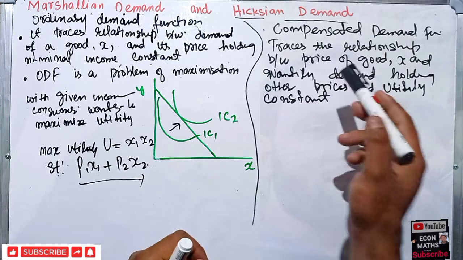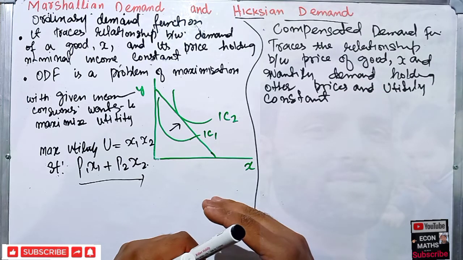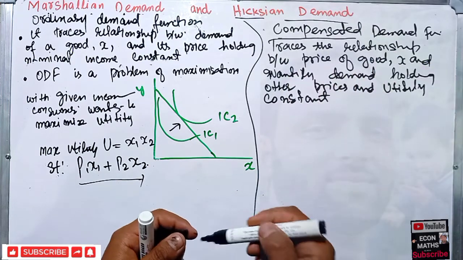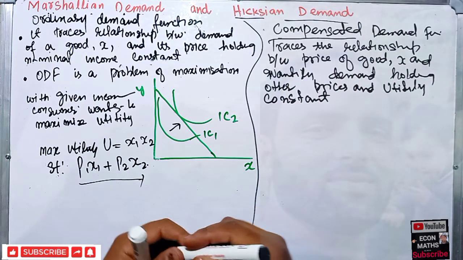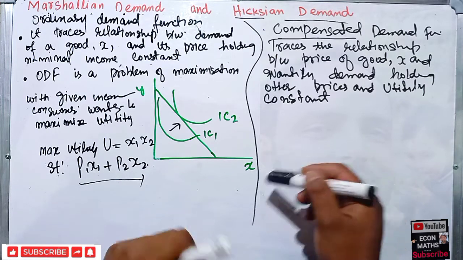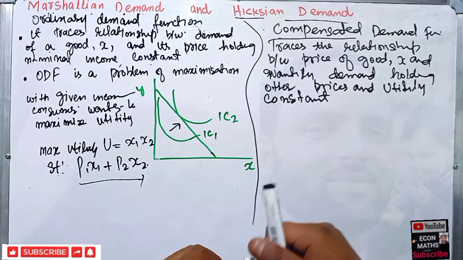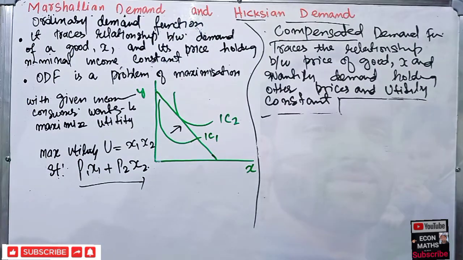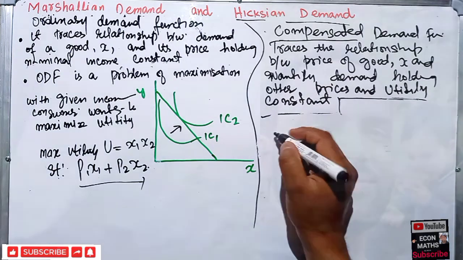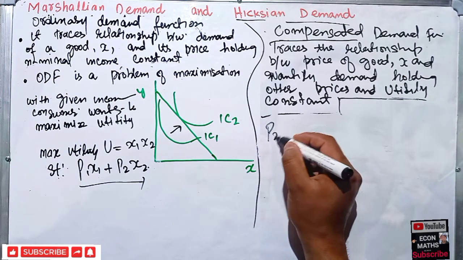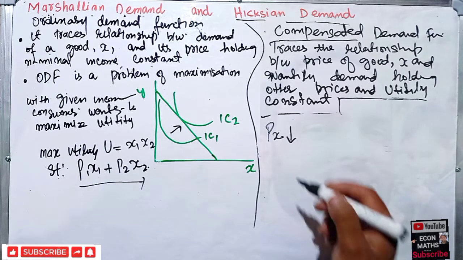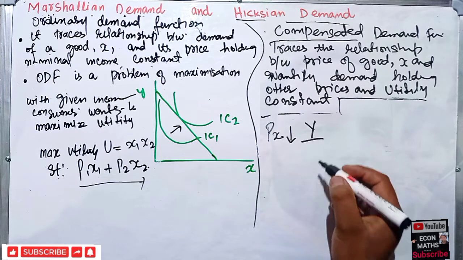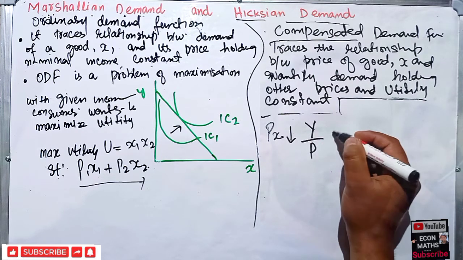So in case of the compensated demand function, how does this compensated term come into this demand function? It simply says we compensate a consumer for any change in price, depending on whether the price increases or decreases. So I will try to make it clearer. Let us say the price of a good X has decreased. If the price of a good decreases, the real income, which is y by p, will increase.